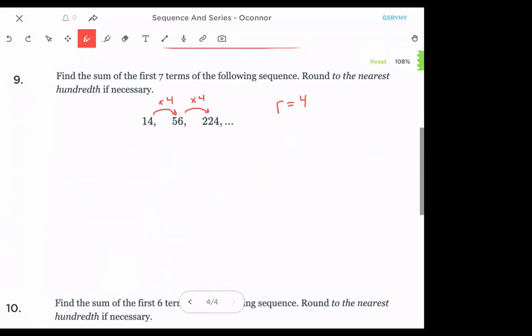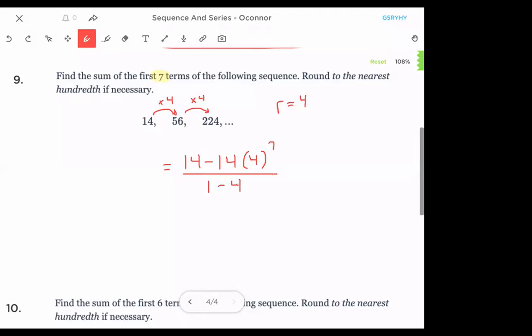So that's going to be a sub 1, which is 14, minus a sub 1 times our r value, which was 4, to the n power, which is 7, all divided by 1 minus 4. 7 is how many terms we're adding together. So since we're adding together 7 terms, our n is equal to 7.